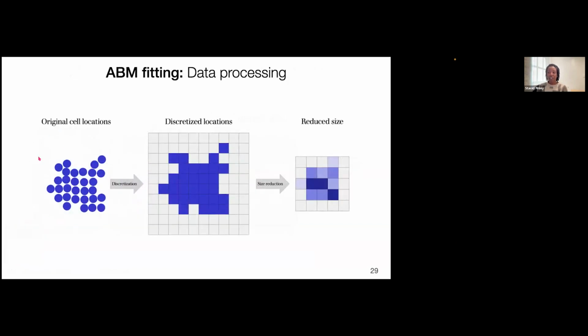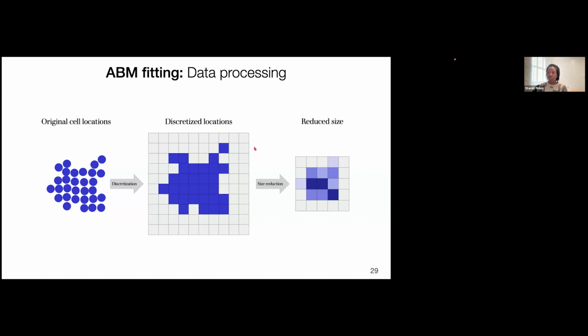So what we get either from our mathematical model or from our collaborator who has in vivo tumor images from mouse models of breast cancer growth is a list of what cells are there, what type of cell they are, and where they're located. So we have the original cell locations.